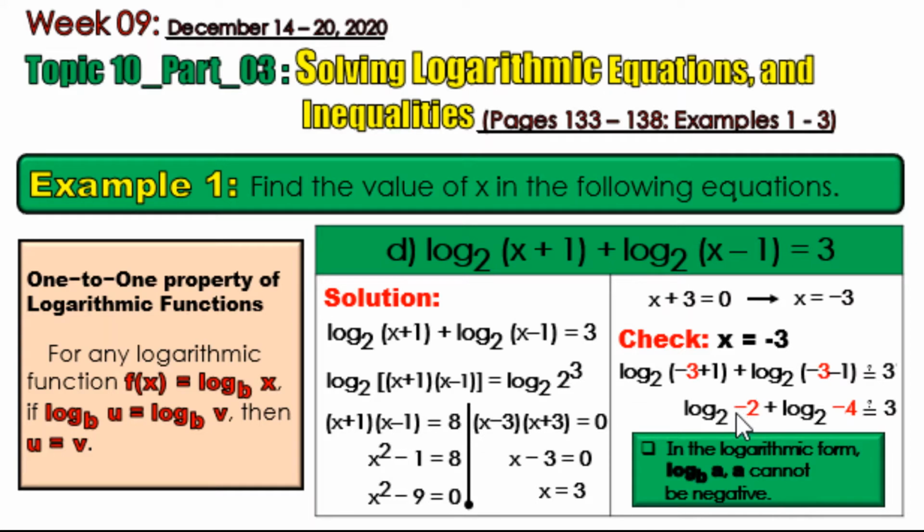So if we substitute negative 3, we get negative 2 and negative 4, which makes your logarithmic equation undefined. So therefore, we cannot have negative 3 as the value of x.